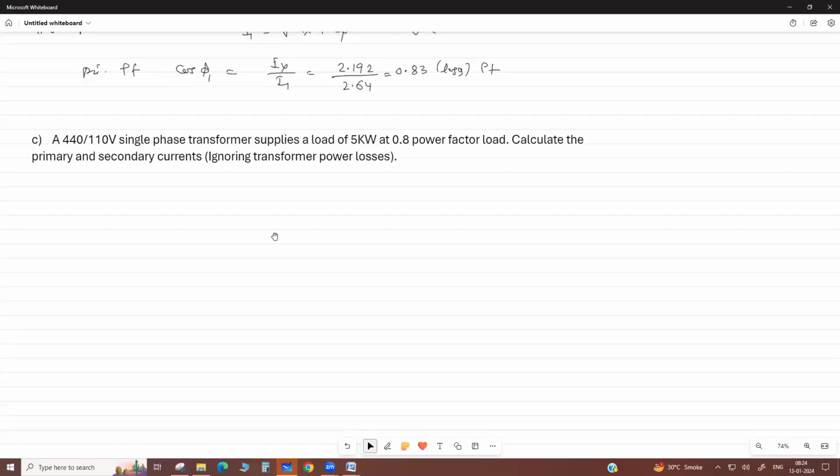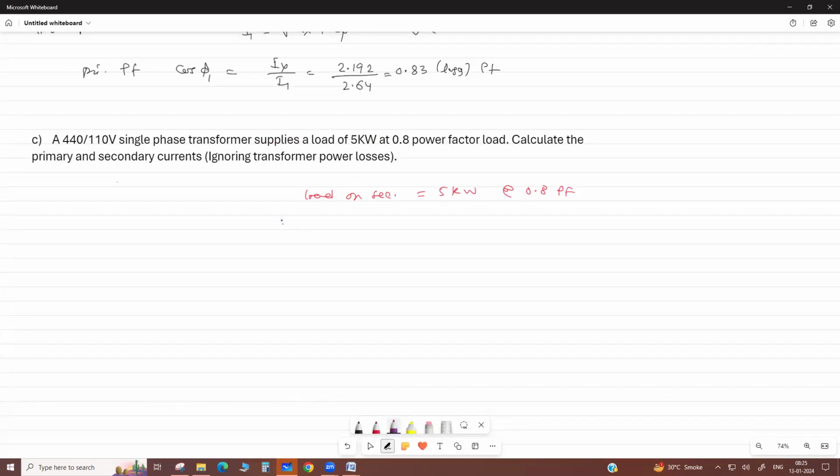So here the transformer supplies a load, which is in kilowatts. What is the secondary load? The load on the secondary of the transformer is 5 kilowatt at 0.8 power factor.